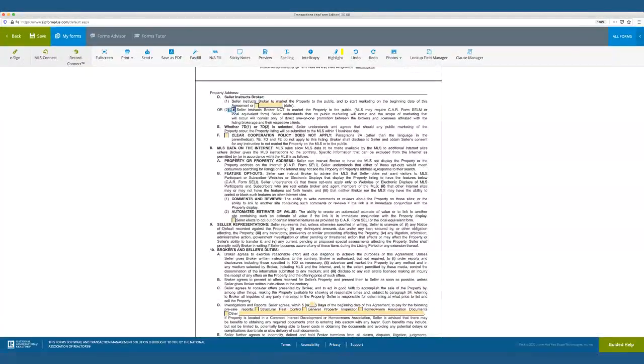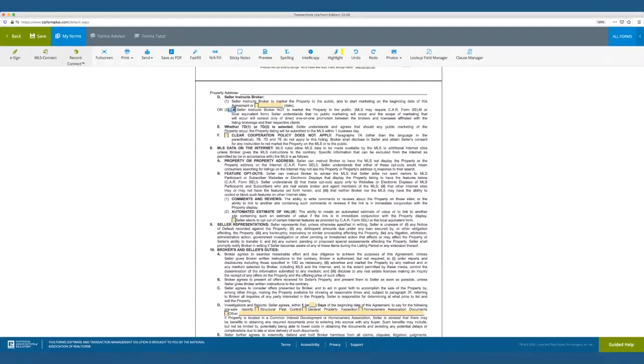But a lot of times you're going to have to contact your MLS in order to do that. But as far as removing it from Zillow and all of those, we have no control over that. A lot of this stuff is out there and it's out there forever. Unfortunately, we can do the best we can do, but we can't guarantee that it will disappear from the internet, because nothing disappears from the internet.